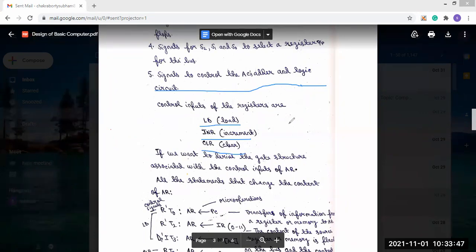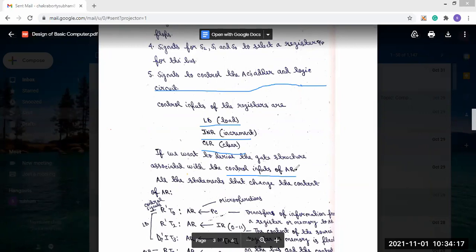This applies to the 4-bit sequence counter operations as well. The sequence counter is what? It is a register. So for the control input of each and every register, these three operations should be present: load, increment, and clear. Now as an example, let's derive the gate structure associated with the control inputs of AR. AR is the address register.